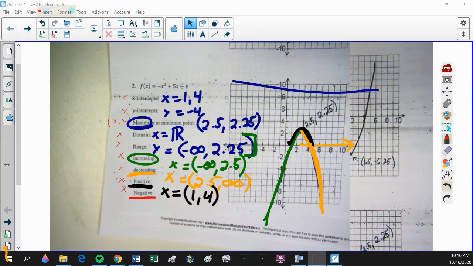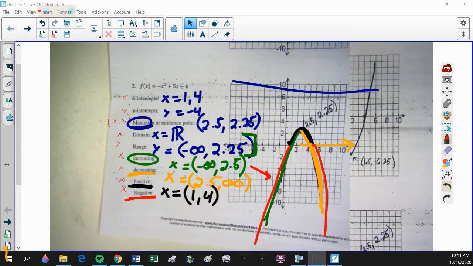Okay. New color. Highlight negative. Okay. When is this graph negative? This left piece and this right piece. And don't forget, we are not looking at y values. We are looking at x values. So what are the x values on the left side? What are the x values here? From forever ago up to 1 second.